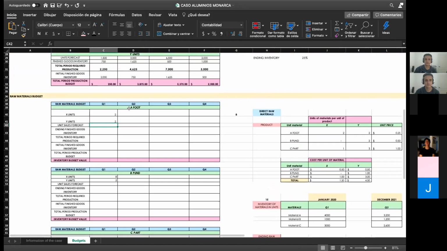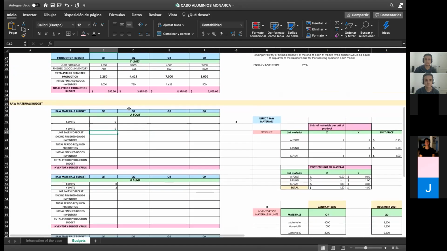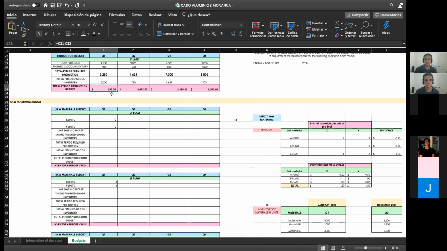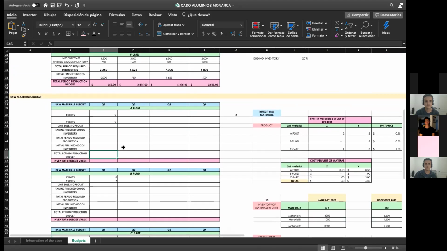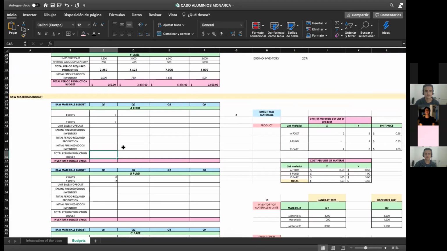The production budget for the first quarter, for example. Well, that's your production budget in pesos, right? Yes, it's this one, 250. Wait, let me see something really quick. So, production budget, unit forecast, finished goods, 250. Okay, but that's not in pesos, that's in units.